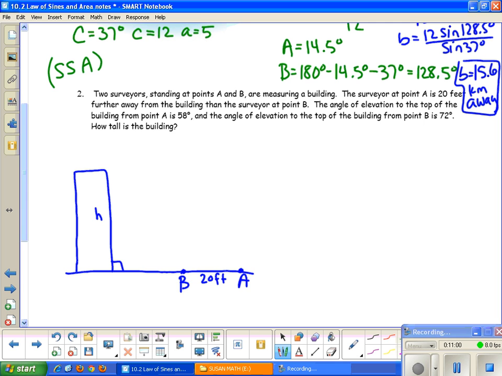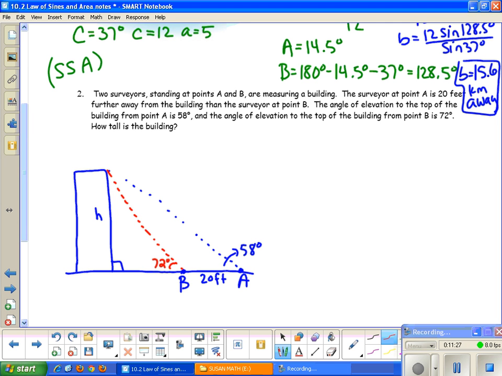So A has an angle of elevation of 58 degrees from the surveyor to the top of the building. This would be right here, 58 degrees. And then B has an angle of elevation of 72 degrees from here to here.